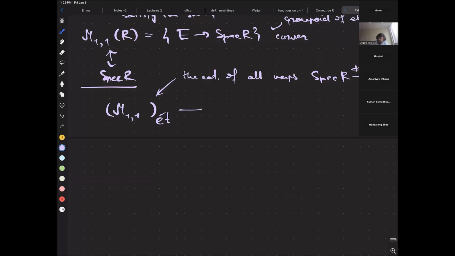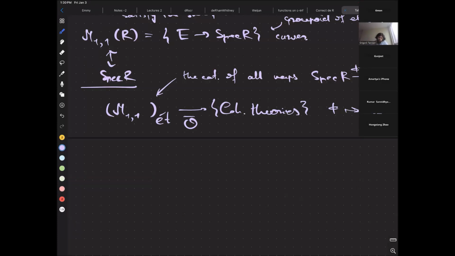And you can consider a functor from this category into the category of cohomology theories, which sends a morphism like this into a cohomology theory constructed as before.